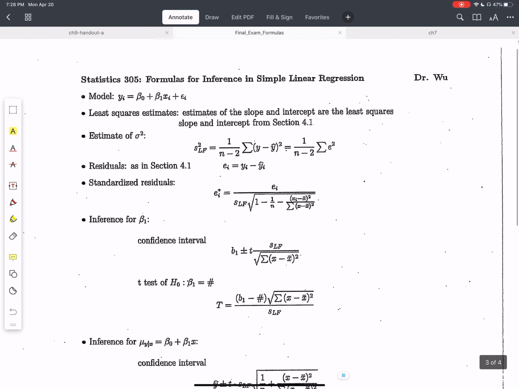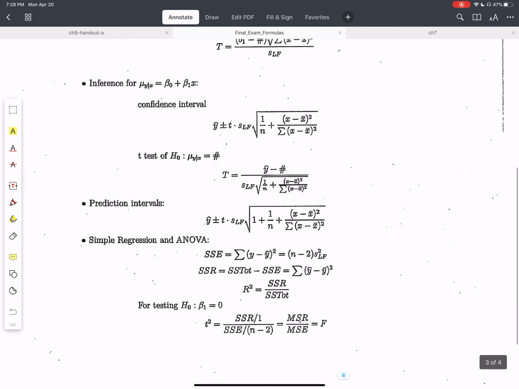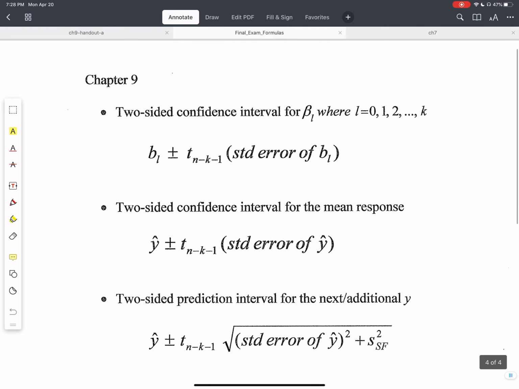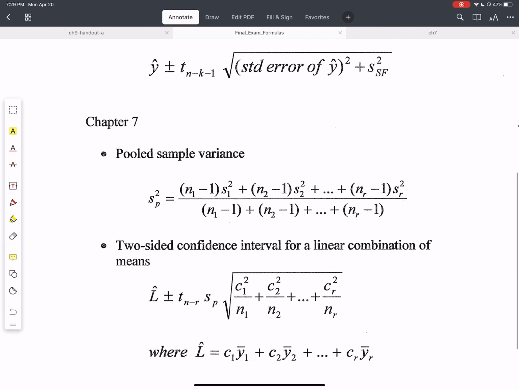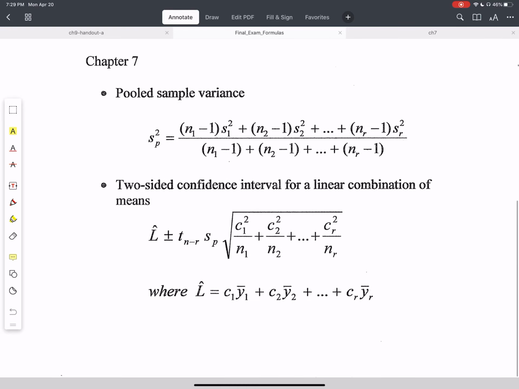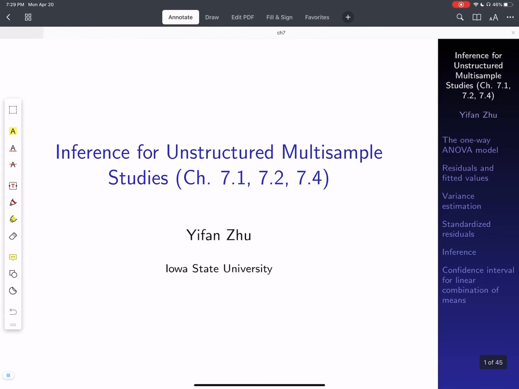And we have the inferences for simple linear regression and chapter 9, multiple linear regression. And chapter 7 is what we are going to be talking about today. Check those out.